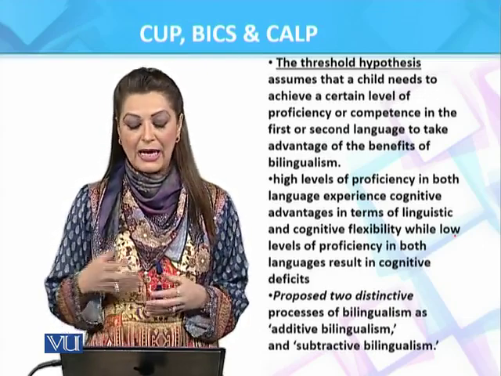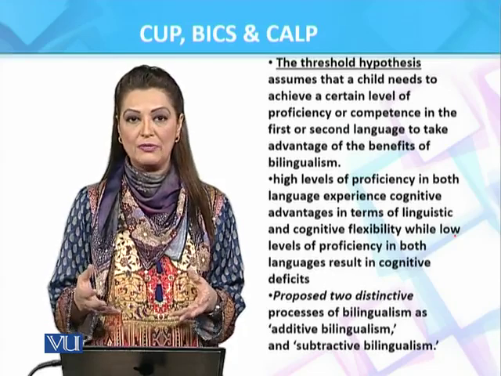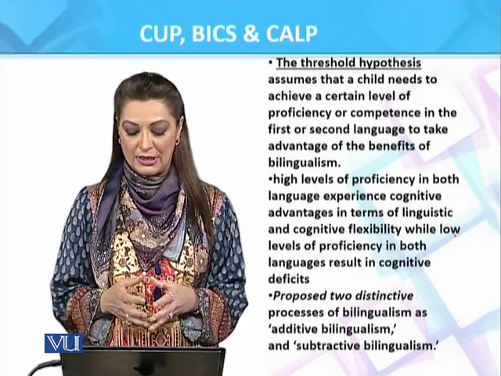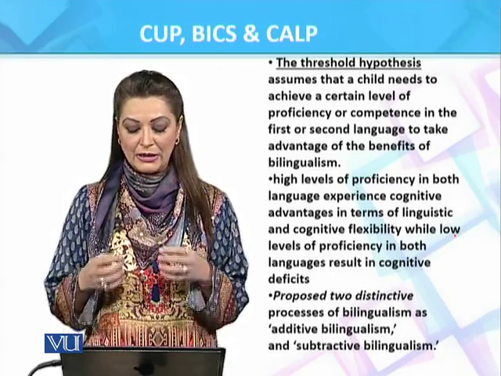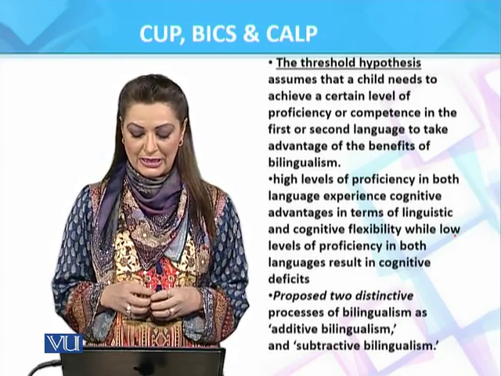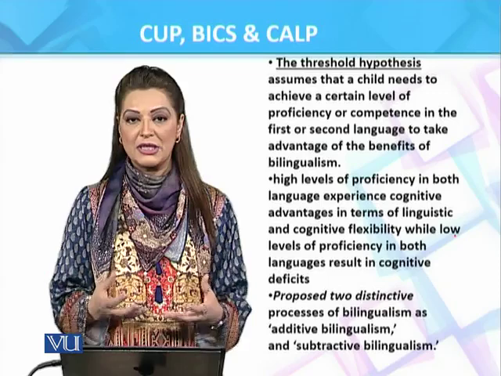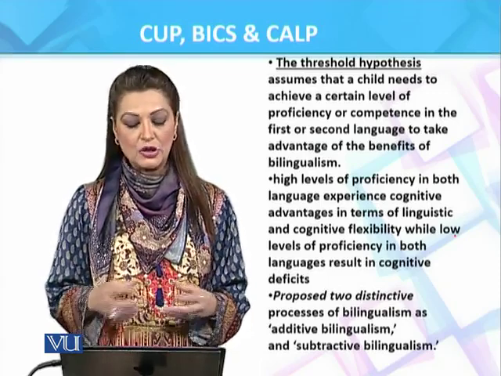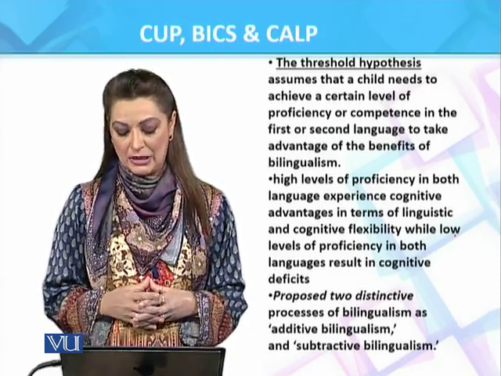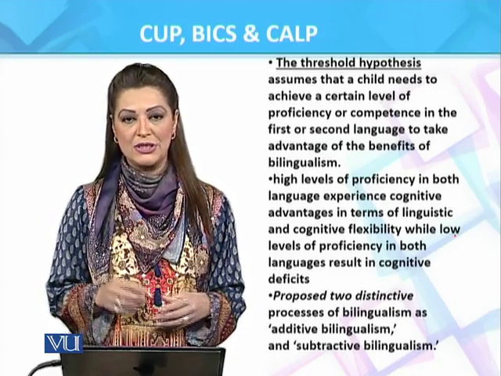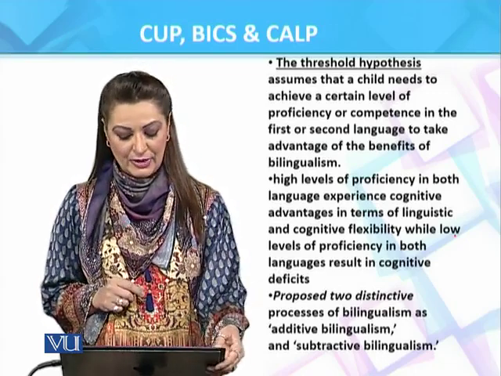High levels of proficiency in both languages will increase cognitive flexibility, and lower proficiency in both languages results in cognitive deficiency. So two types of bilingualism processes are introduced, additive as well as subtractive bilingualism.